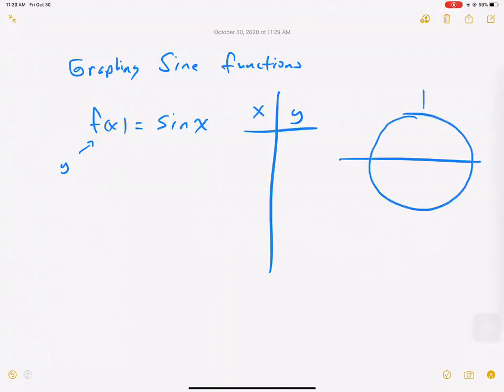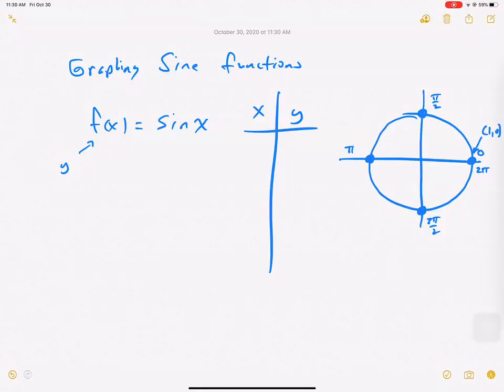And I'm going to draw a couple points that are important here as 0 degrees, pi over 2, pi, 3 pi over 2, and back to 2 pi. And then I'm going to give you guys the point here on the unit circle, which is 1 comma 0, because it's x, y, and y is 0.